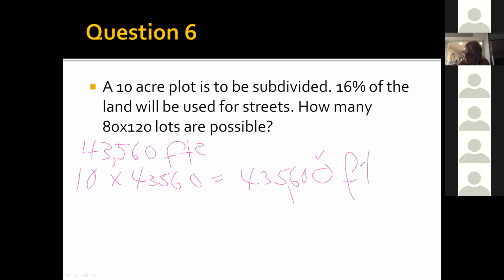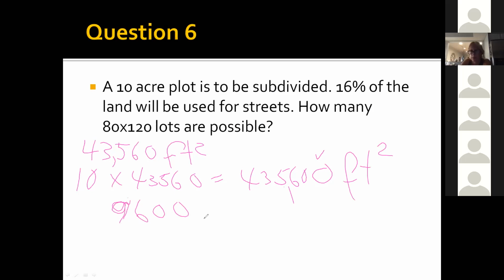That's feet to the second power. And we're going to build lots that are 80 by 120. And 80 by 120 is 9,600 square feet per lot.